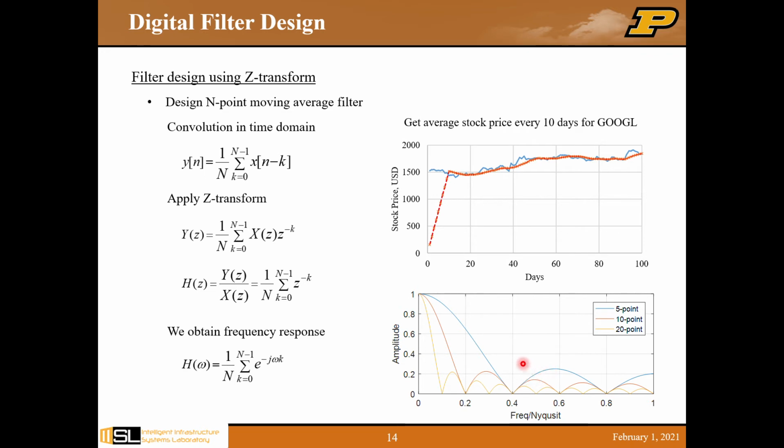The moving average filter is essentially a low pass filter, but not a very high quality one. As you can see, it has very large ripples in the stop band, and a very long transition band. But anyway, this is a very easy, understandable filter.